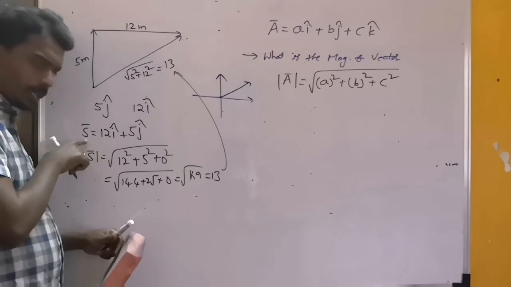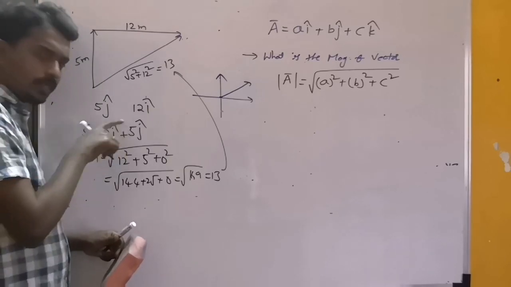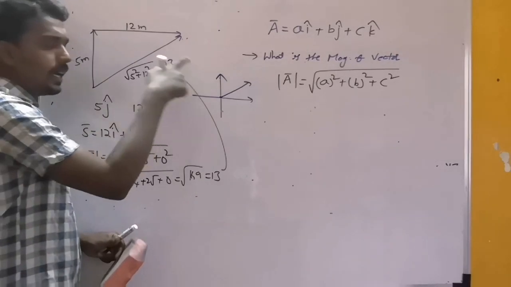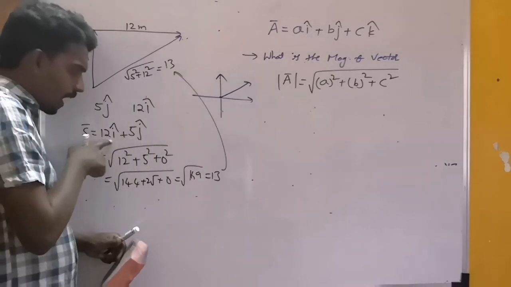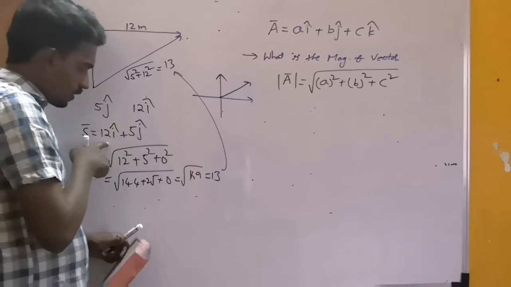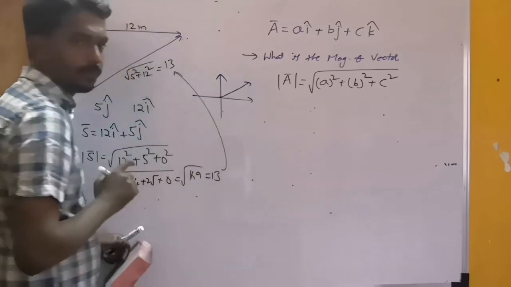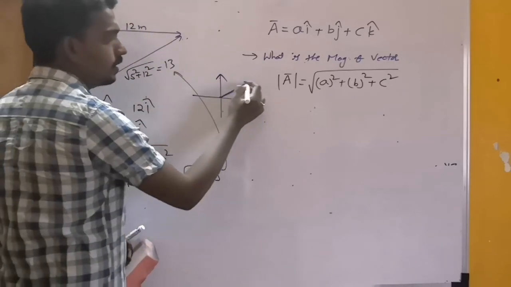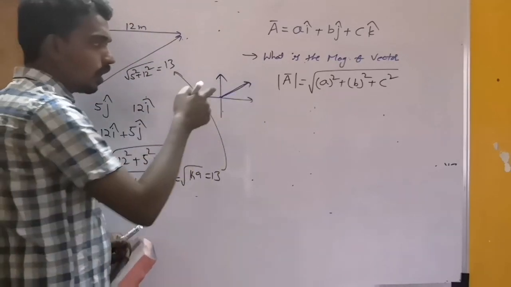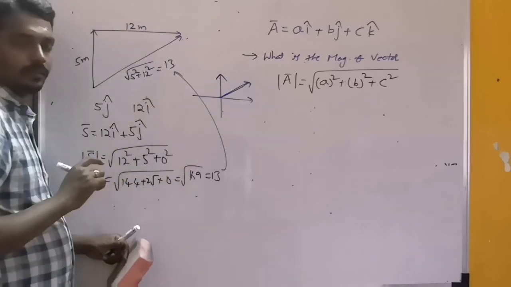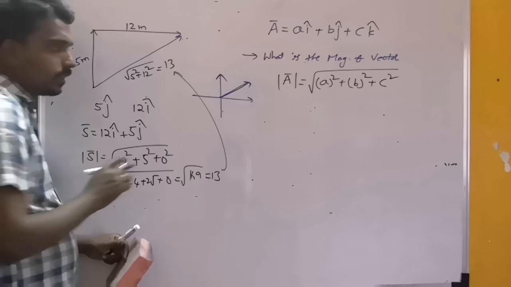Because the displacement vector consists of plus i plus j. If it is minus i plus j, then it is in the second region. But it is plus i plus j, so it must be in the first region. So what you are able to find out is the direction. Right?